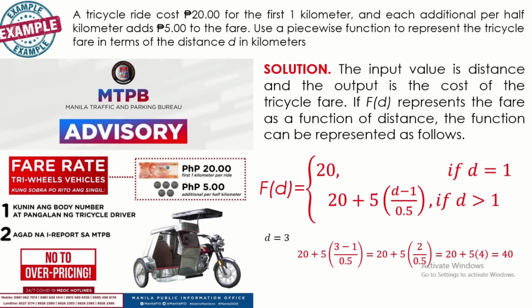Diba, 200 yung damit bawat isa. Pero kapag 10 yung binili mong damit, pwedeng 185 na lang bawat isa. So, yung mga ganong scenario, that is a best example of piecewise function.